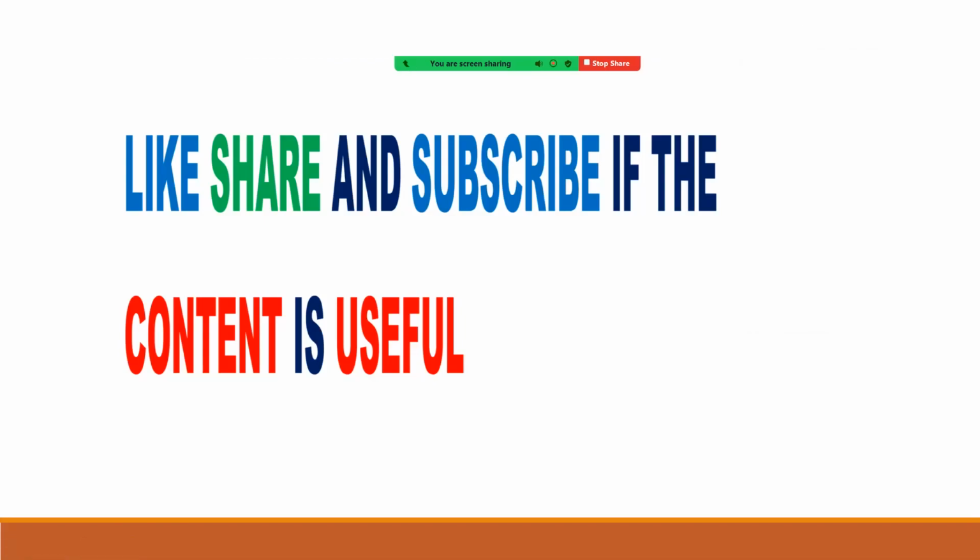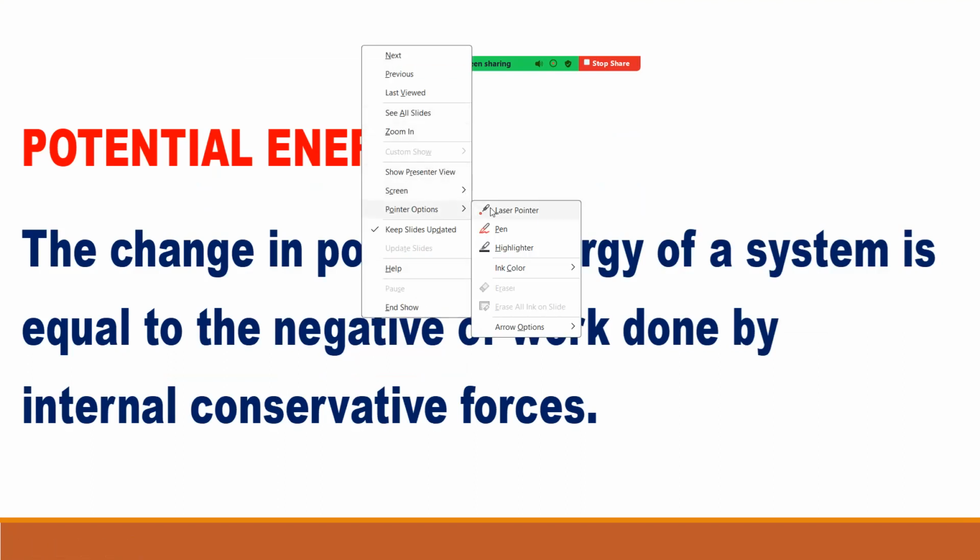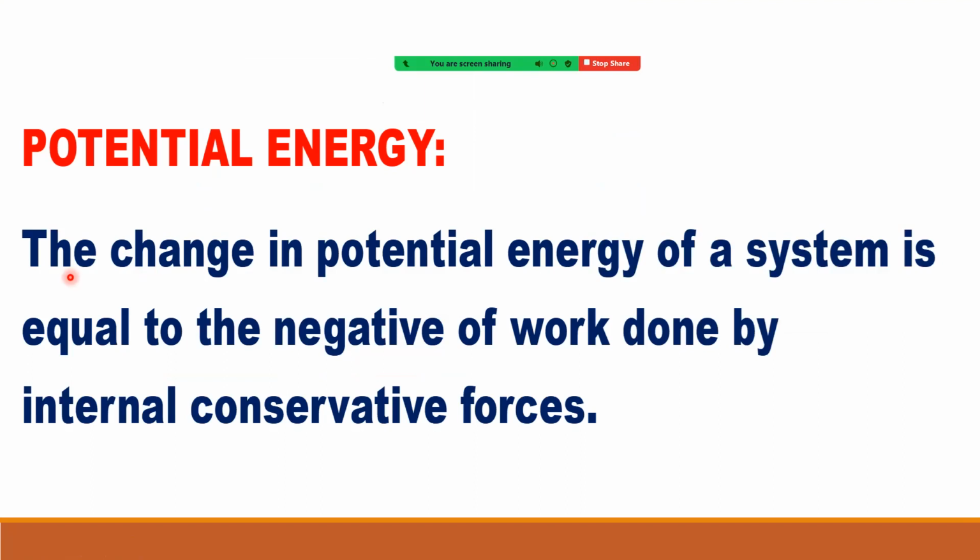Hi students, in this lecture we are going to learn potential energy. Let us see what it is. The change in potential energy of a system is equal to the negative of work done by internal conservative forces.